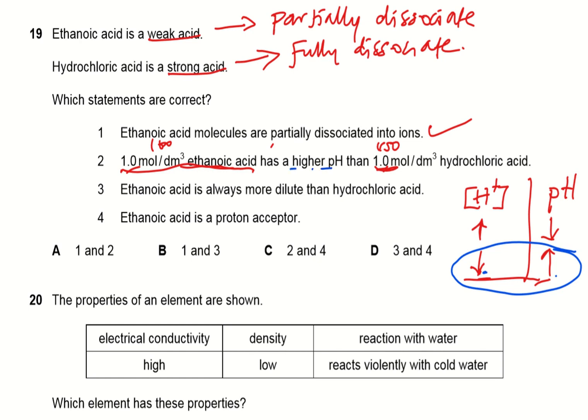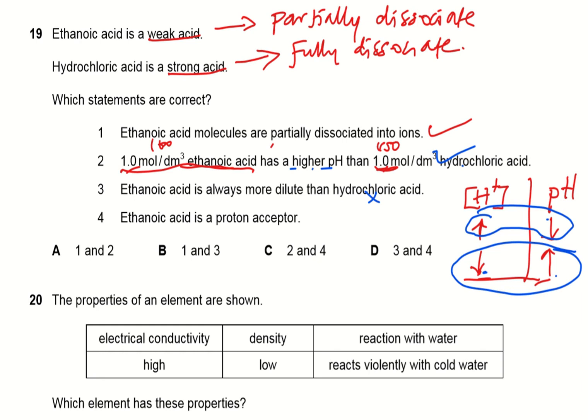It has a higher pH than hydrochloric acid, because hydrochloric acid has more hydrogen ion concentration and of course a lower pH. That statement seems correct. Two, ethanoic acid is always more dilute than hydrochloric acid. No, this is not correct. Ethanoic acid is a proton acceptor.